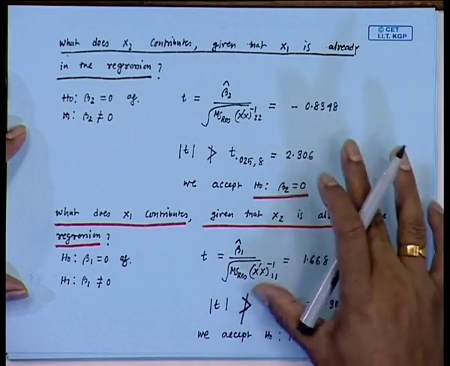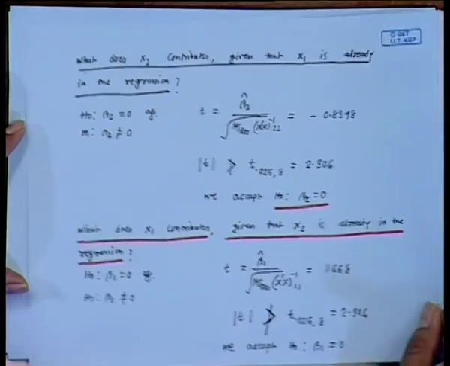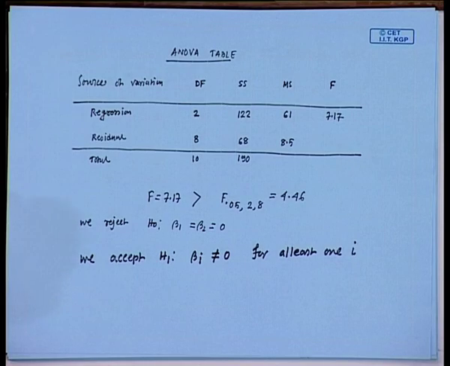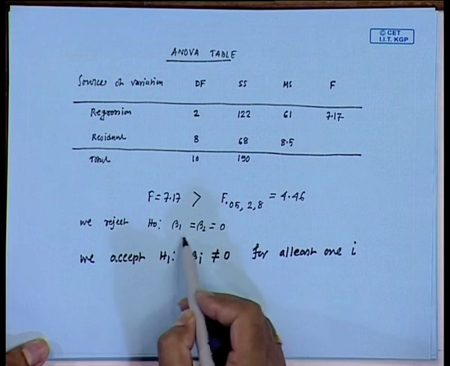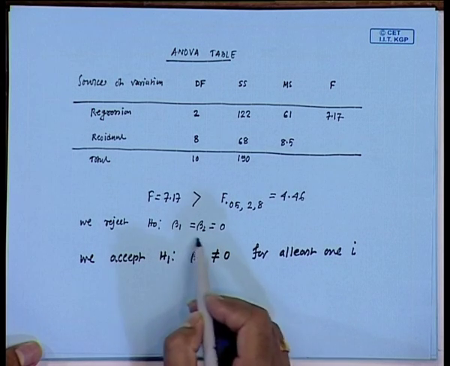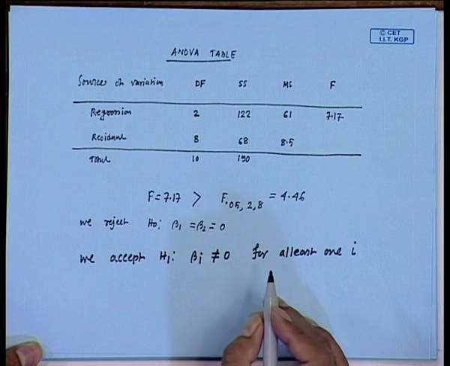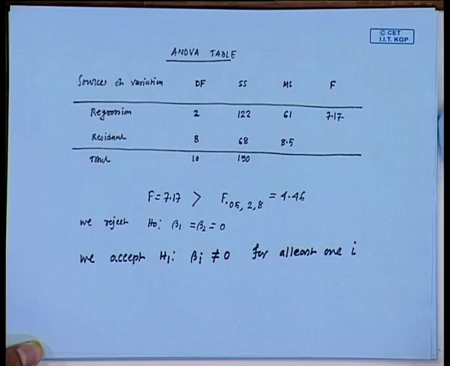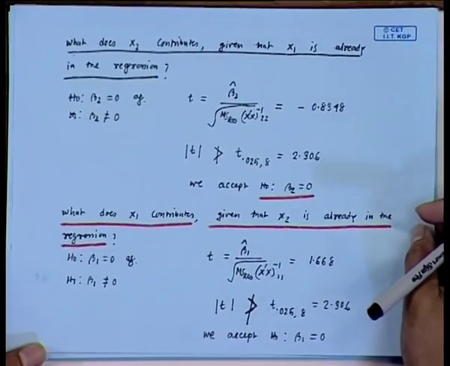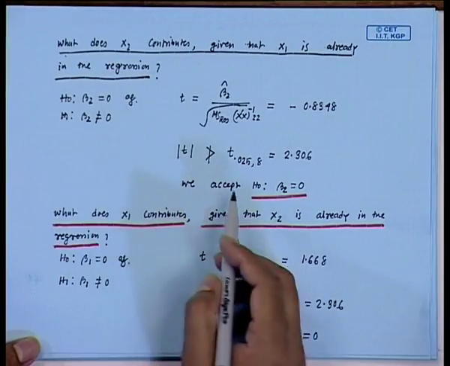So, what we observed here is that the global F test is significant. The global F test says that there is a linear relationship between the response variable and the regressor variables, but when we go for the partial test, none of the regressors are significant.